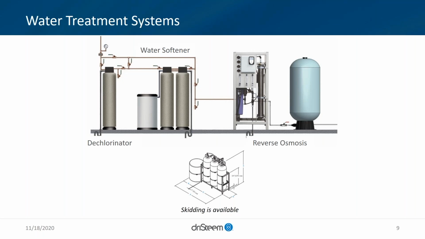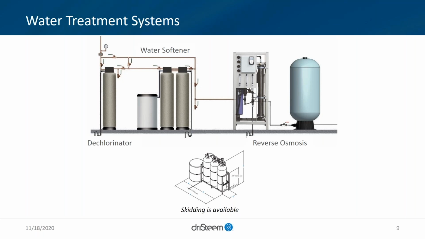So water treatment systems as a whole, the first thing in this system is a dechlorinator, again, to remove the chlorine aspects. Water softeners was talked about last week, also viewable on our website to view that recording. And then the next webinar will be reverse osmosis.